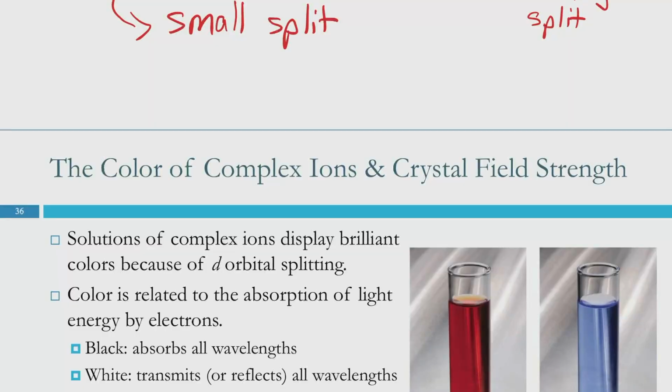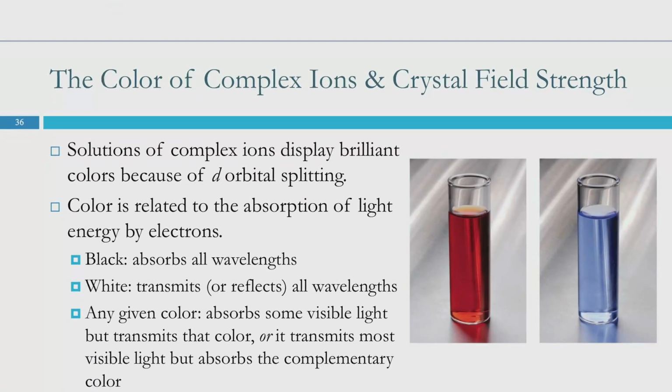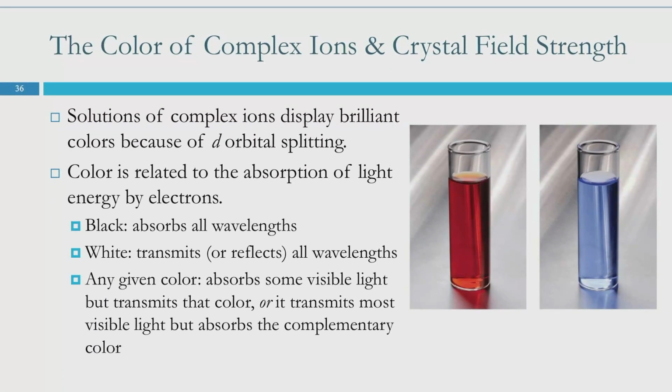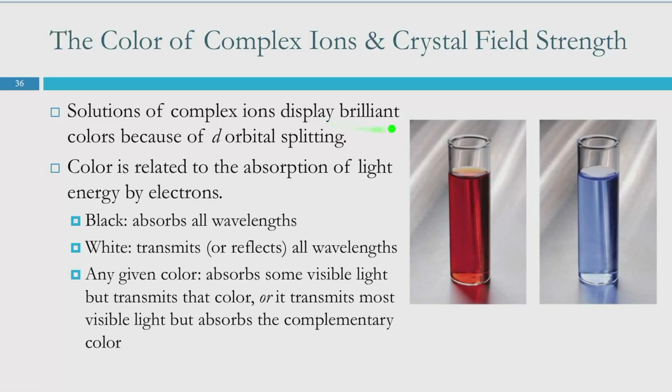All right, these effects play into color. Solutions of complex ions often display brilliant colors because of d orbital splitting. The color that we see is related to the absorption of light energy by the electrons.